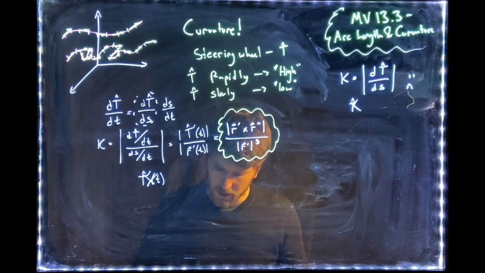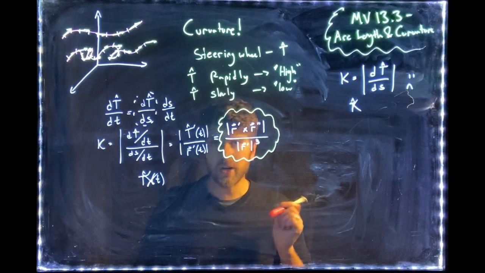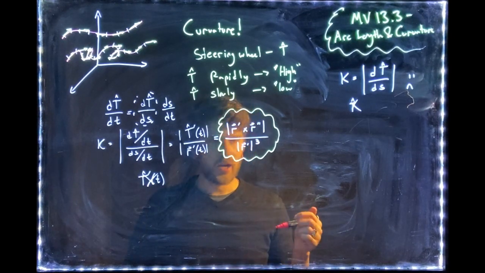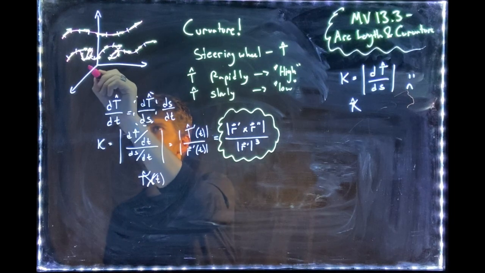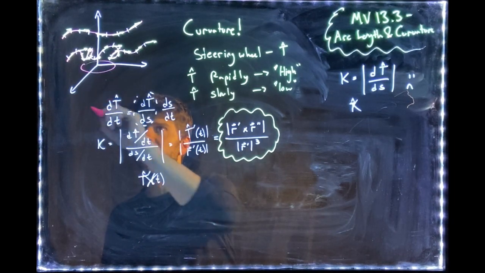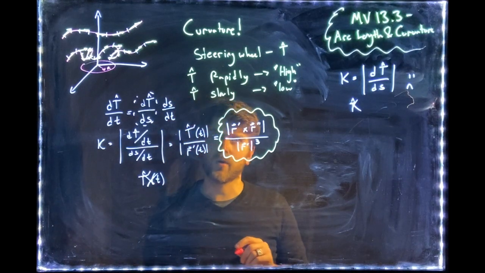So let's do a quick little example here. And we're actually going to do, as our example, an object just moving in a flat circle. So we're going to take not the unit circle actually, we're just going to take a circle of radius a in the xy plane.